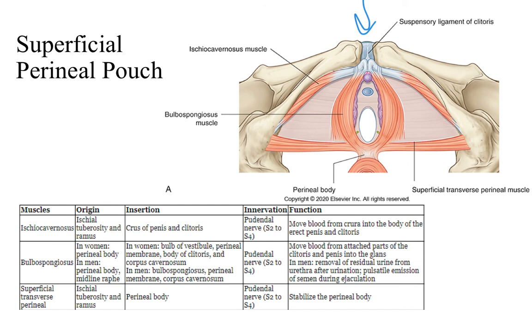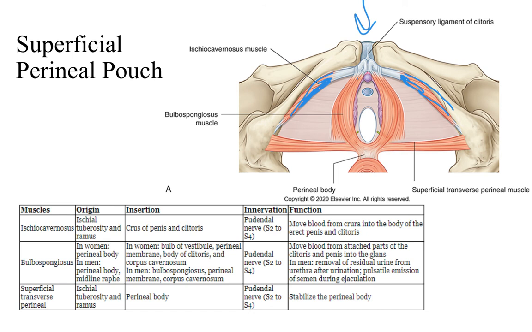But there is also a superficial perineal pouch that is between the perineal membrane and the skin. And within that superficial perineal pouch, you'll find several other muscles, which include the ischiocavernosus muscle. That muscle helps move blood from the roots of the penis and the clitoris to the erectile tissues, so blood is shunted towards the external erectile tissues.